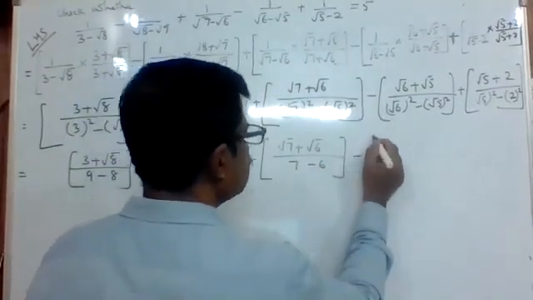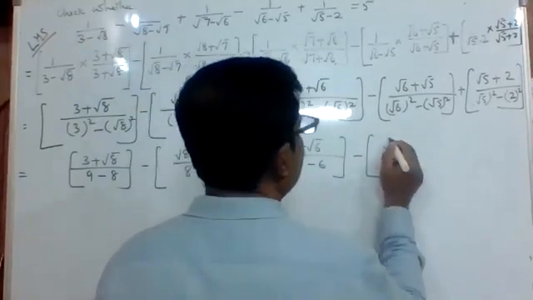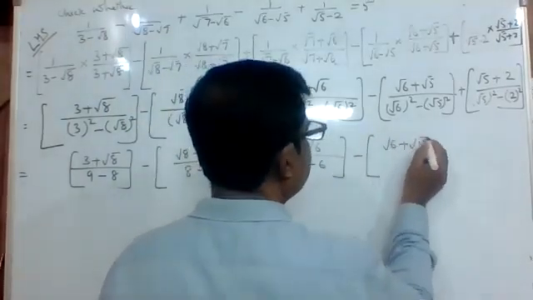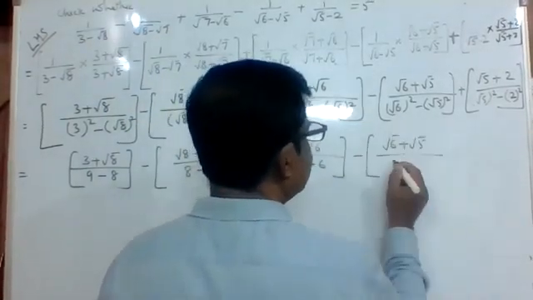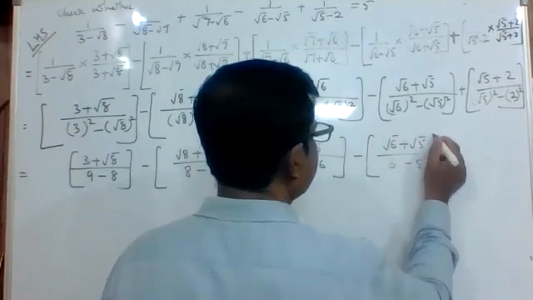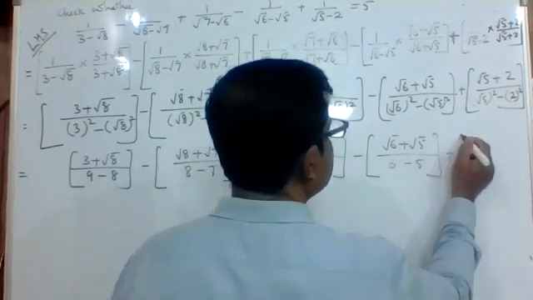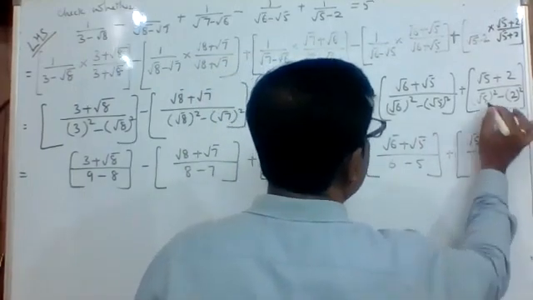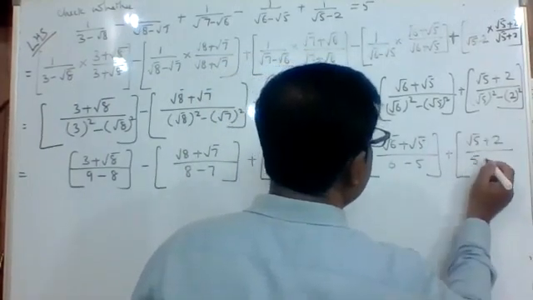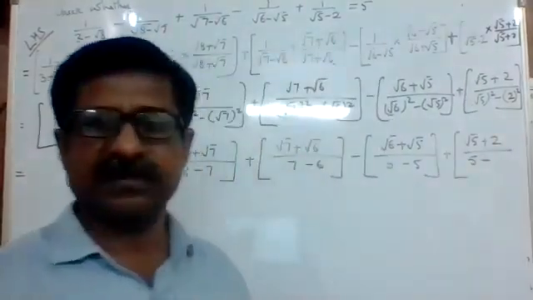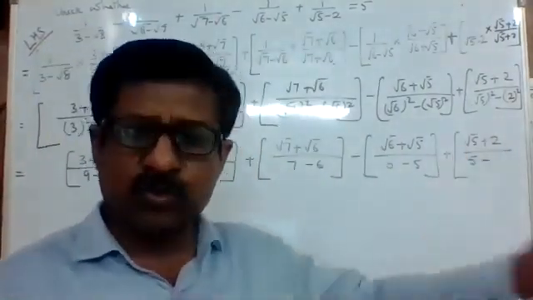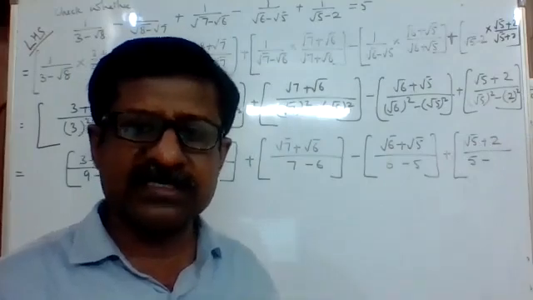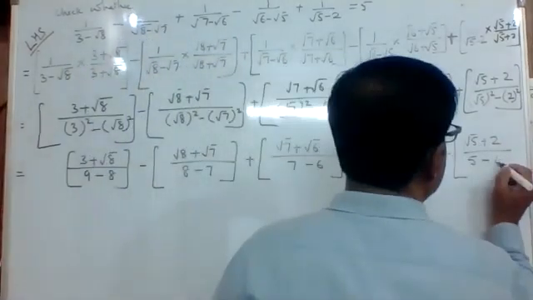Sign is minus. You know sign is very important. Root 6 plus root 5 upon root 6 whole square is 6 minus 5, plus root 5 plus 2 upon root 5 whole square is 5 minus 2 square. This is not root 2 square. This is 2 square and 2 square is 4.